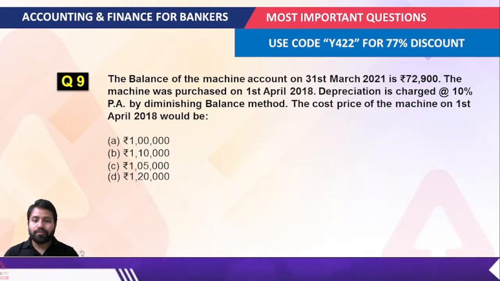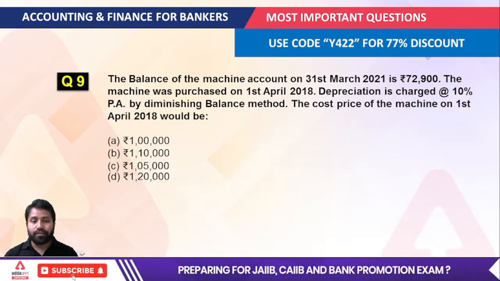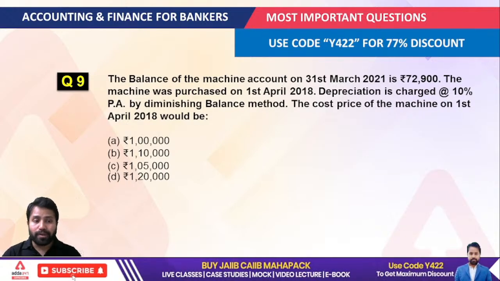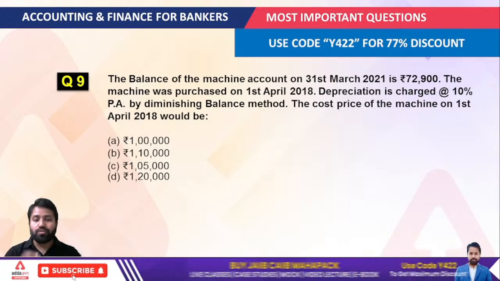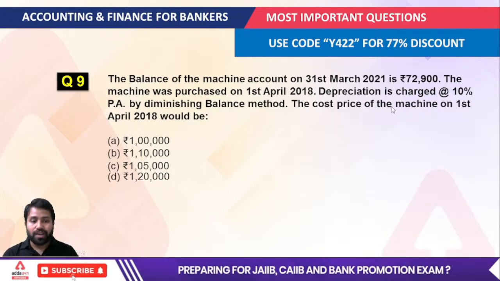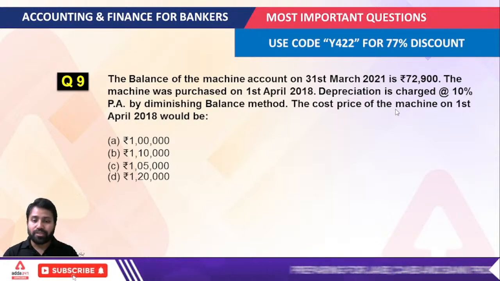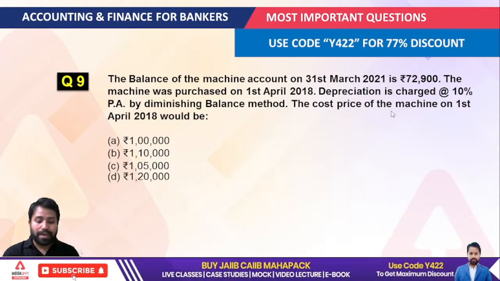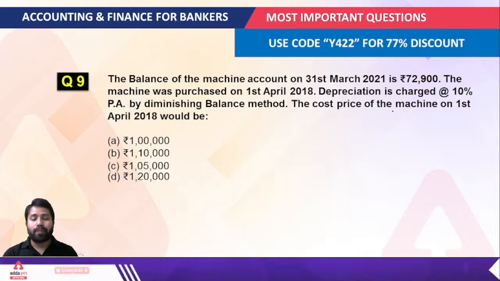The balance of the machine account on the 31st March 2021 is 72,900 rupees. The machine was purchased on the 1st of April 2018. Depreciation is charged at 10% per annum by the diminishing balance method. So what would be the cost price of the machine on the 1st of April 2018?